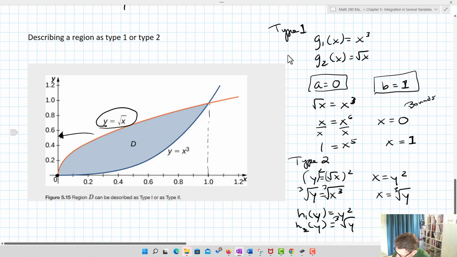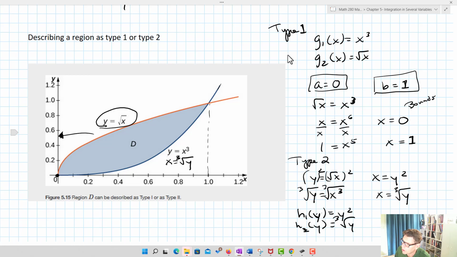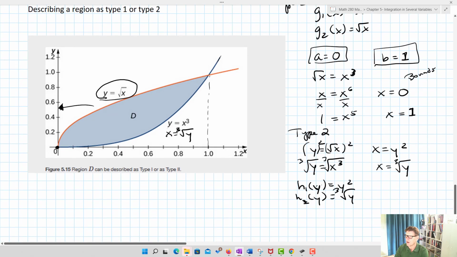Because the cube root one, x equals the cube root of y, is actually further away from the y-axis. When we talk about top and bottom, but we switch our orientation, remember we're going to be talking about left and right now. So make sure that you're careful with that. You're probably going to have to draw some graphs in order to make that determination. Otherwise, it's going to get a little frustrating.